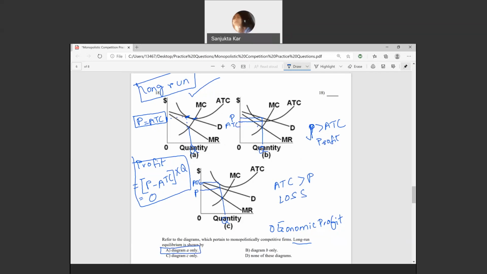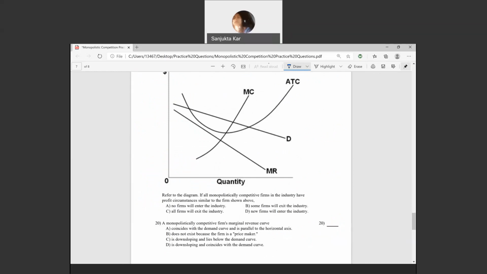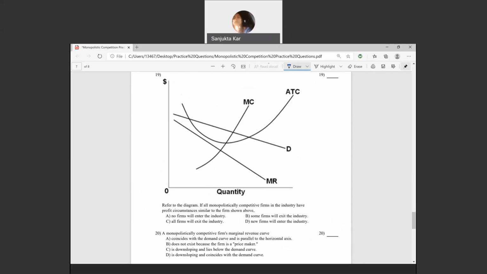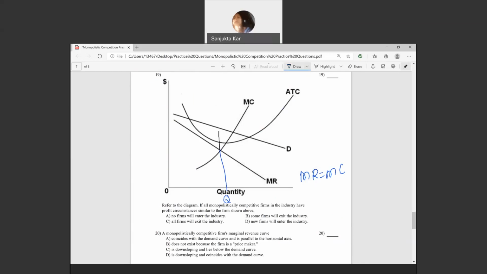Okay. Now going to question number 19. What's going on here? Do we have a profit or do we have a loss? This is my output, which we always get at the intersection of MR equal to MC. This is my equilibrium output. Now the next step is to extend this all the way to the demand curve. This is my price. My average total cost is this one.